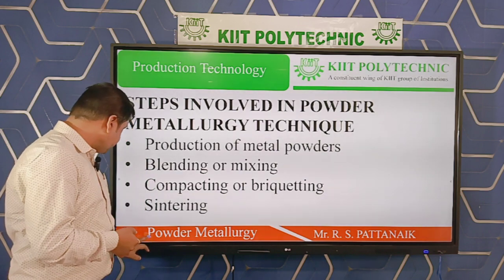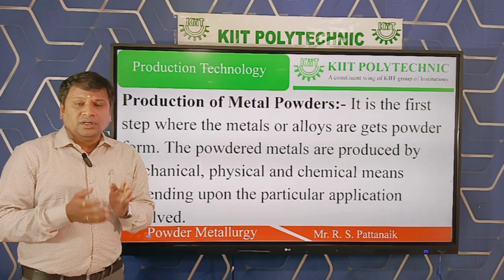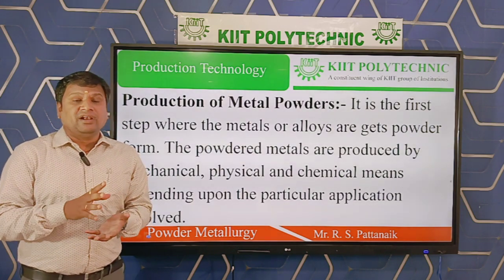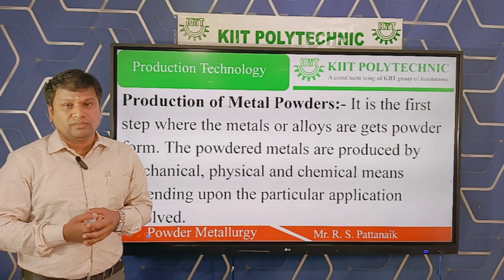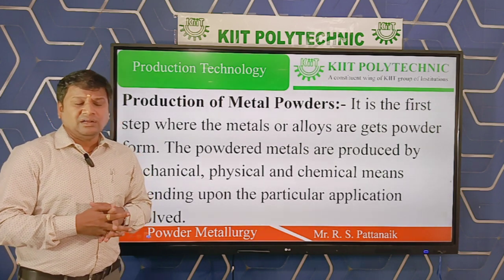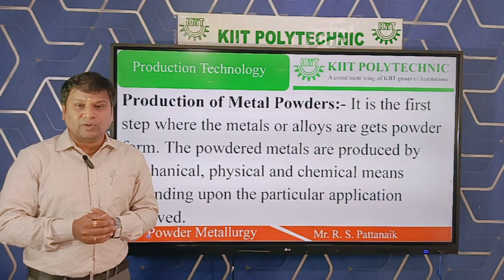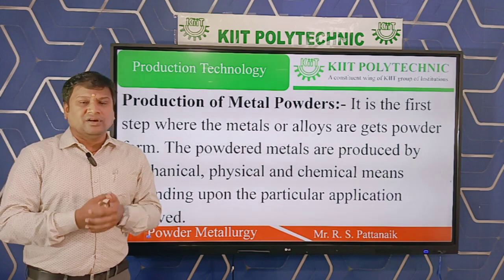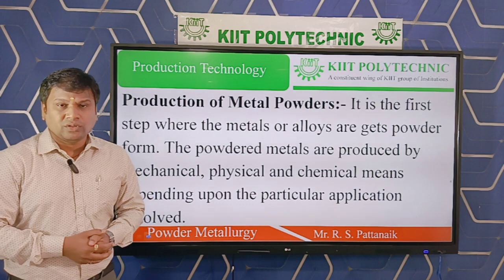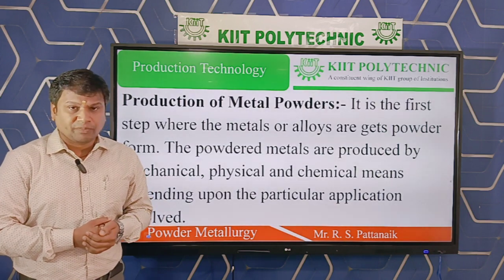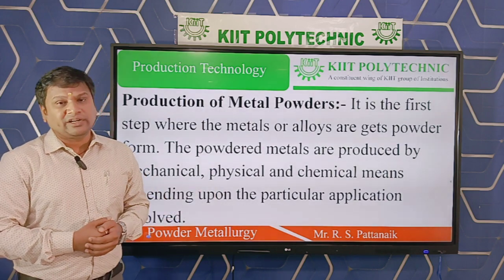Production of metal powder is the first step. In this step, metal and alloys are converted into powder form. Different methods are adopted for production of metal powder, like physical, chemical and mechanical, according to the shape and size of the metal particle.